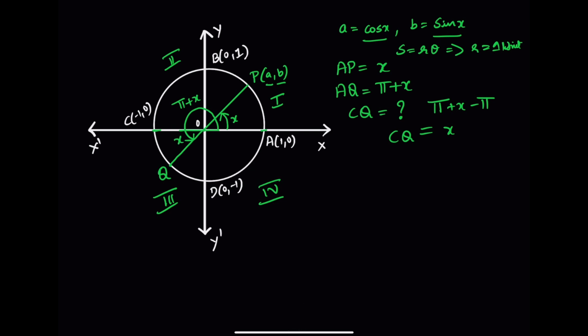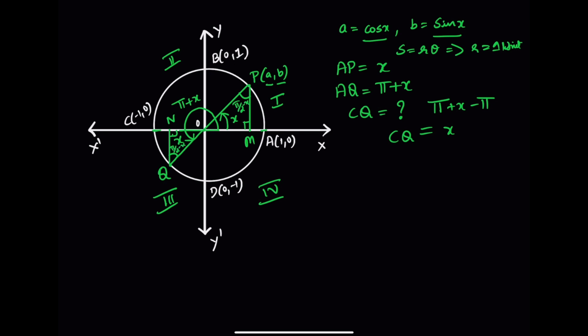Now let us extend P to the x-axis and mark this as M, and let us extend Q to the x-axis also and mark this as N. Now we have two right angle triangles, correct? Also, if you notice, both the triangles have equal angles. They have 90 degrees, as well as these two angles formed at Q and P are equal. What would that be? That would be pi by 2 minus x.